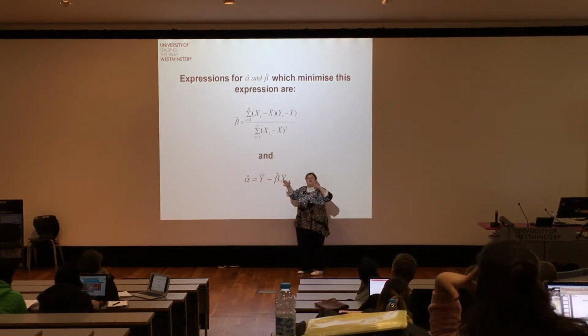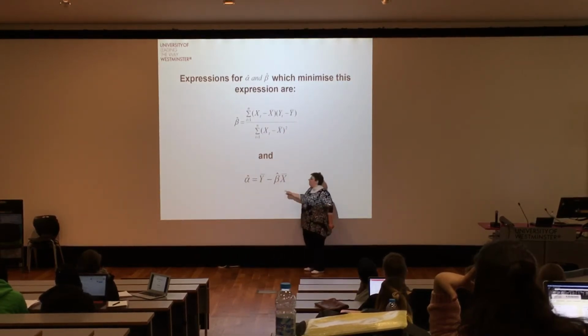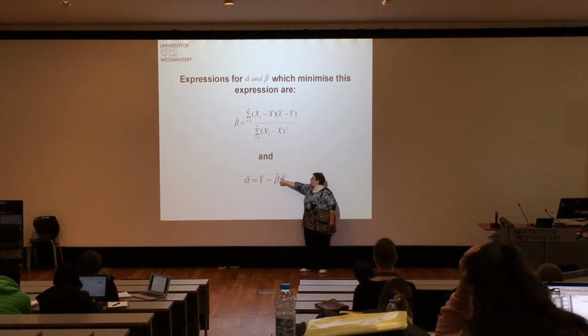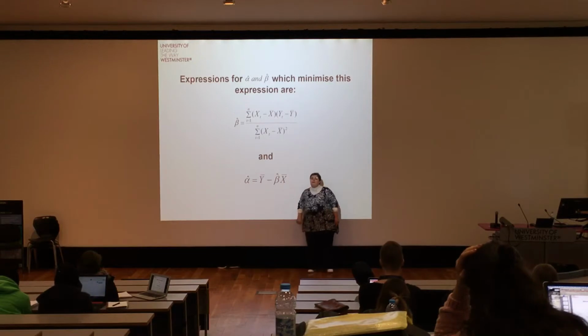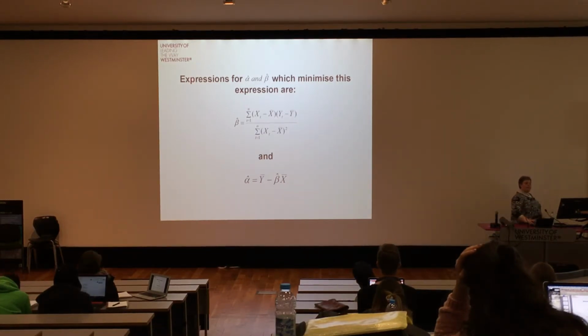So given your data, if you compute this, you obtain the estimator of the slope of that line. This is the ordinary least squares estimate of beta. To calculate alpha, once you know beta hat, it is the mean of the y's minus beta hat times the mean of the x's, and you get your estimate of alpha.